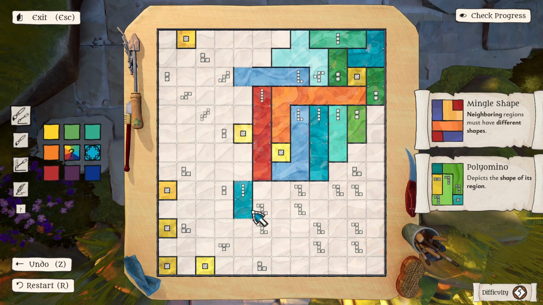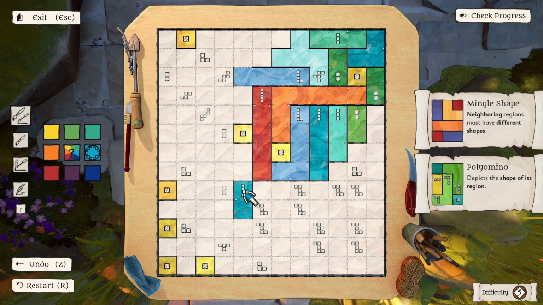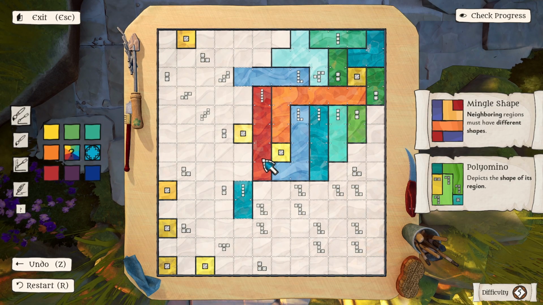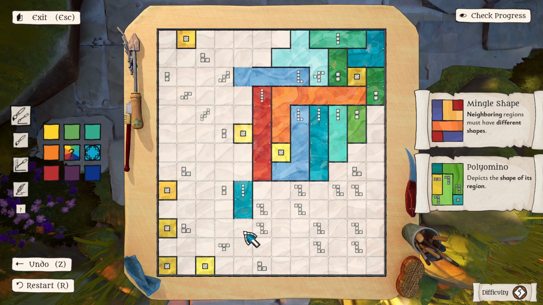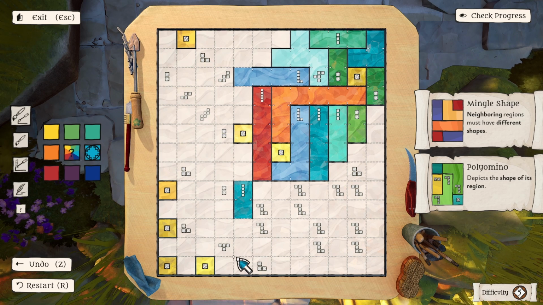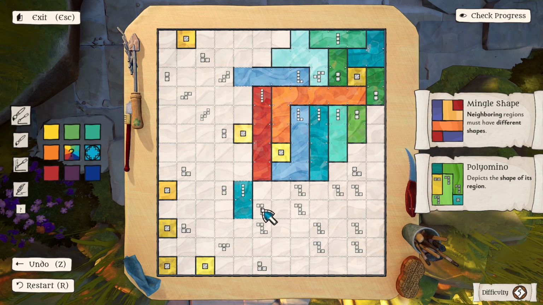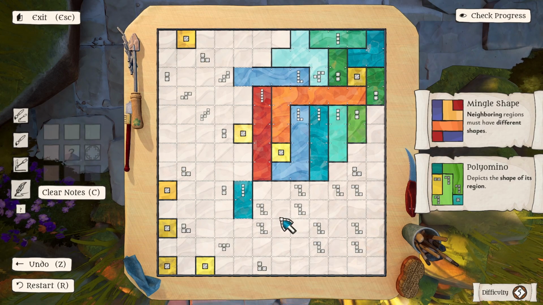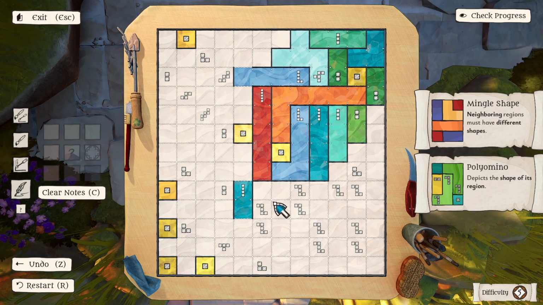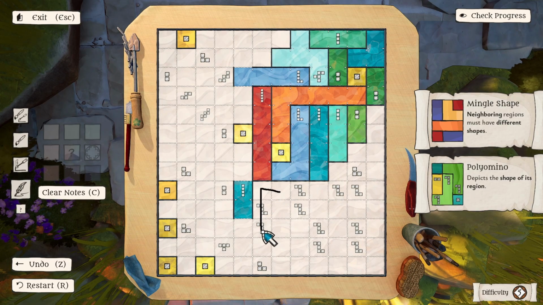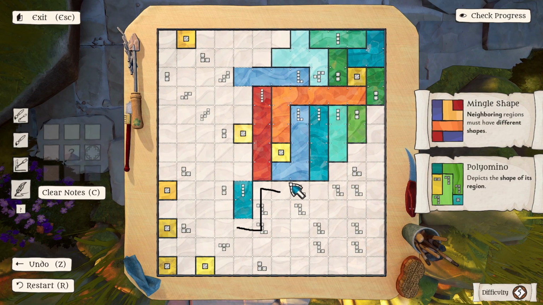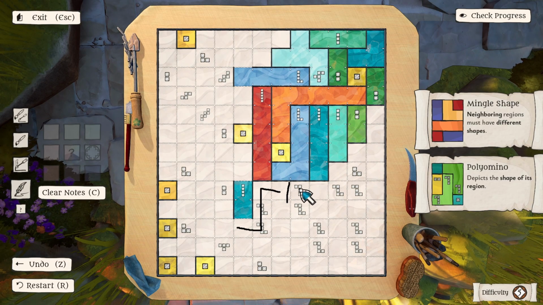It might stop there and take both of those because this 4 is not the same as that 5. Or it might go all the way down to here. These look like they're something to look at. If I were to do that, it would interfere right here. So I'm not doing that.